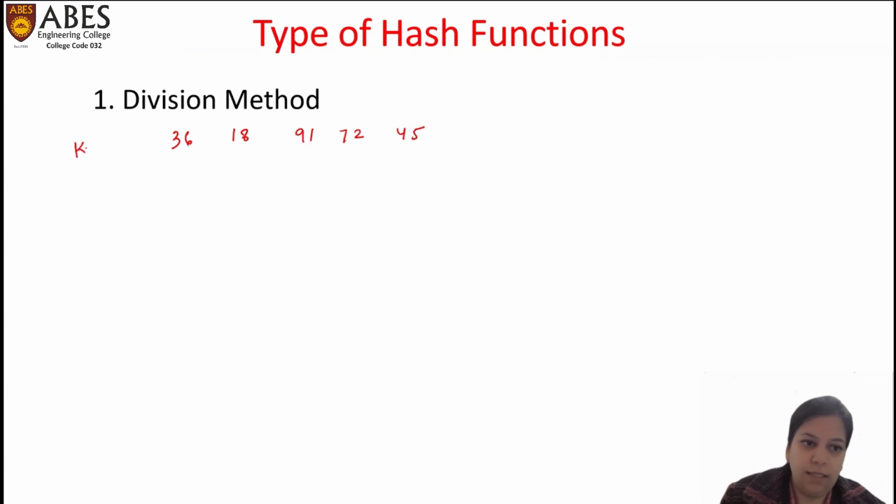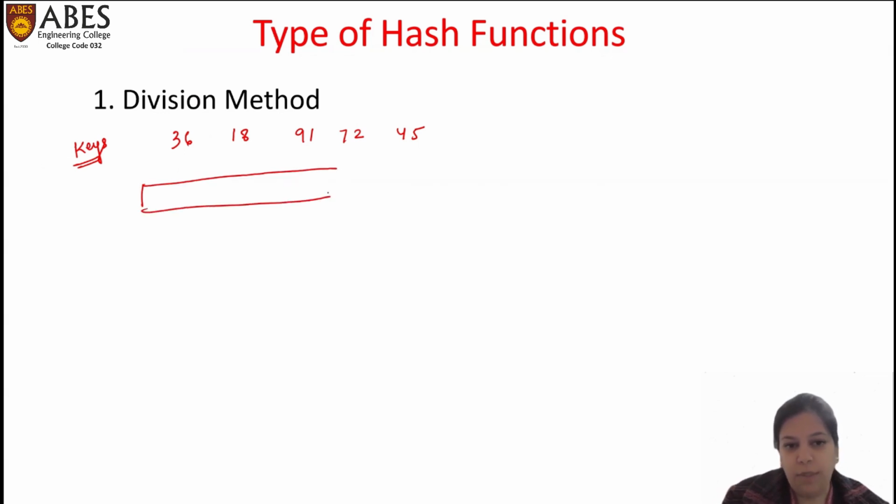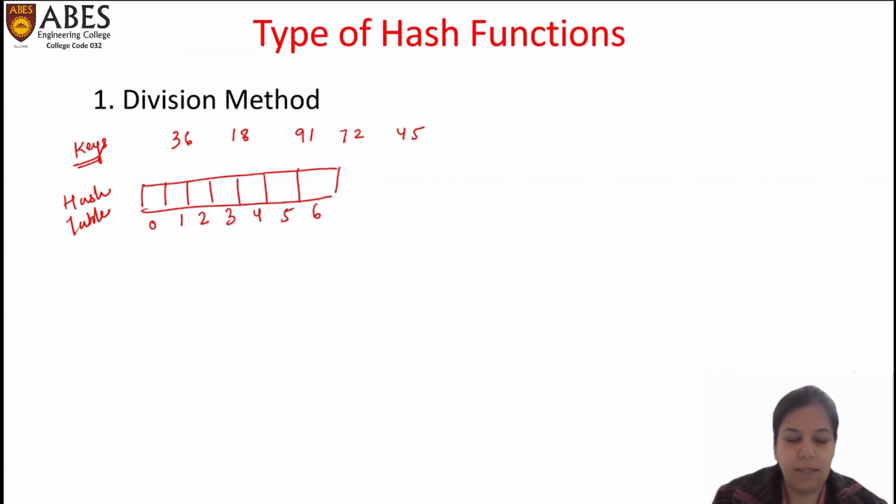Suppose these are the keys, and we want to map them to a hash table. And suppose the size of the hash table is 7. Suppose this is the hash table. Now, as the size of the hash table is 7, we can write the indexes starting with 0 to 6. So this will be 0, 1, 2, 3, 4, 5, and 6.